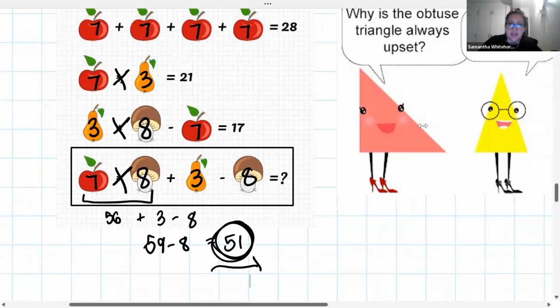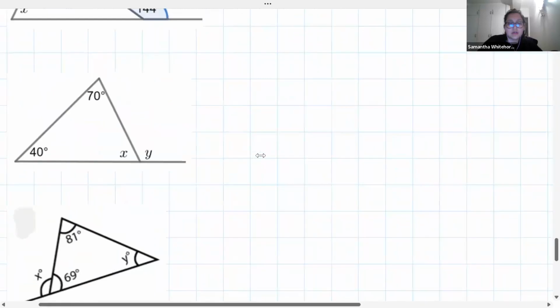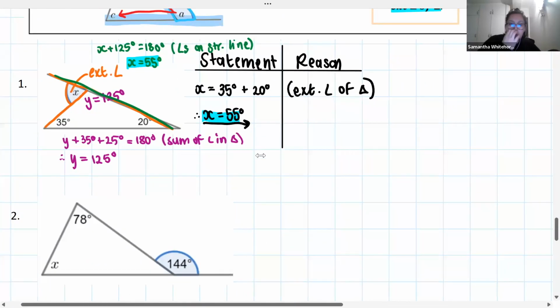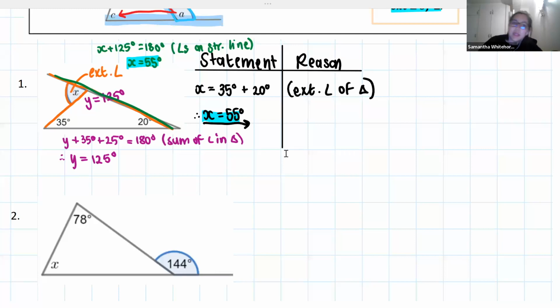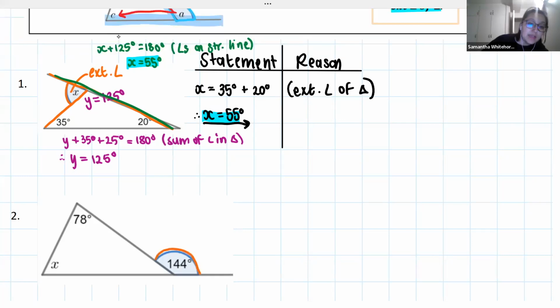Very nice. Well done. Okay, so what I want to do is we're going to practice these exterior angles of a triangle. So what I want you guys to have a try of is question 2 here. Now just be careful, okay? Because we can see that the 144 is our exterior angle, but in this case, I've been given the exterior angle.